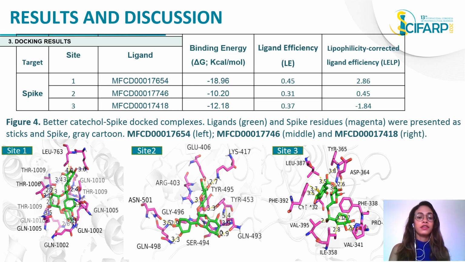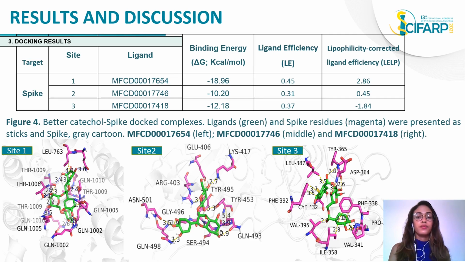These were the molecules 17654, 17746, and 7418. Those molecules also presented good ligand affinity, with ligand efficiency bigger than 0.29 and lipophilicity-corrected ligand efficiency between 10 and minus 10, as described by Hopkins.